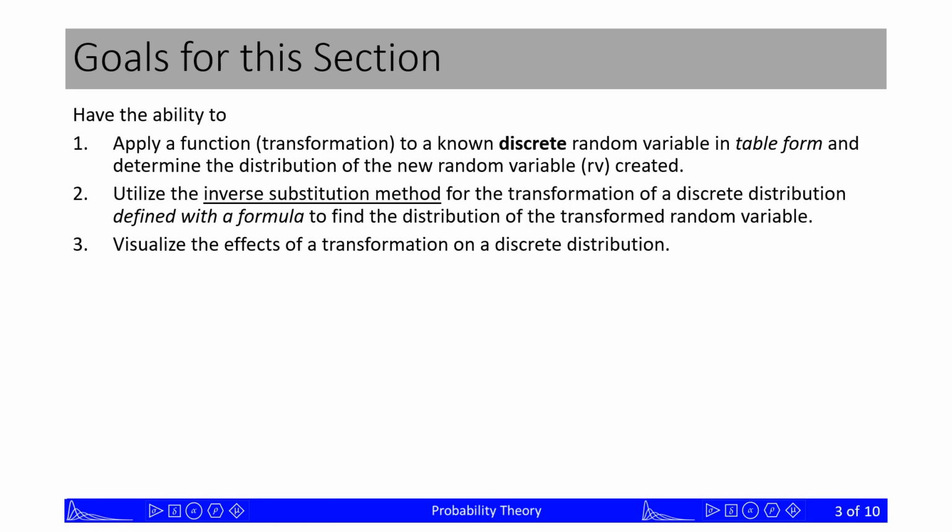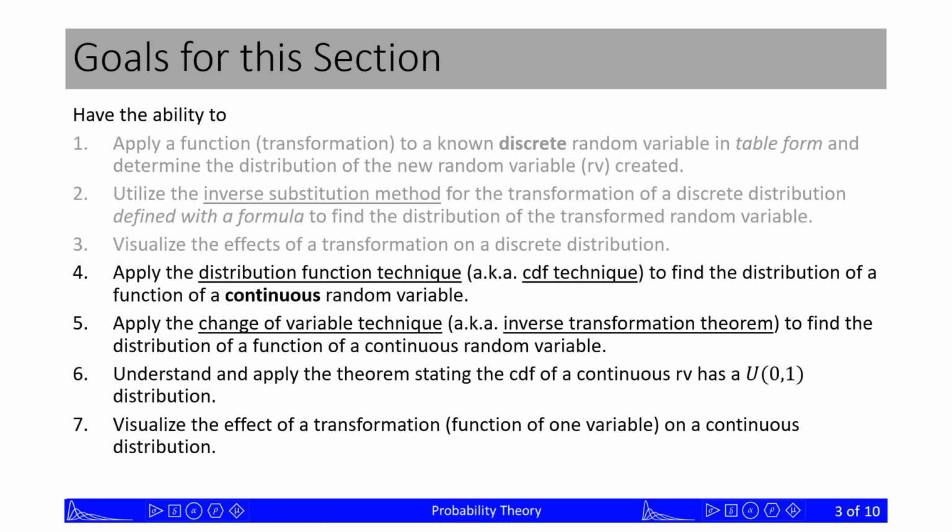Be able to use the inverse substitution method to transform discrete random variables, either finite or countably infinite, that are given as a formula. 3. Be able to plot the original and new distributions of the discrete random variables to understand the effect of the transformation.